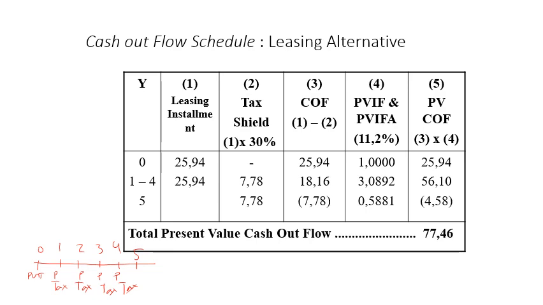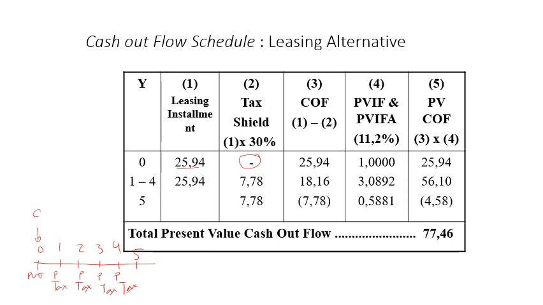Now, start from year 0 over here. Okay, so this is the leasing installment, 25.94. There is no tax shield yet, not for year 0. And then the cash outflow will be 1 minus 2, 25.94, and that will be all the cash outflow.